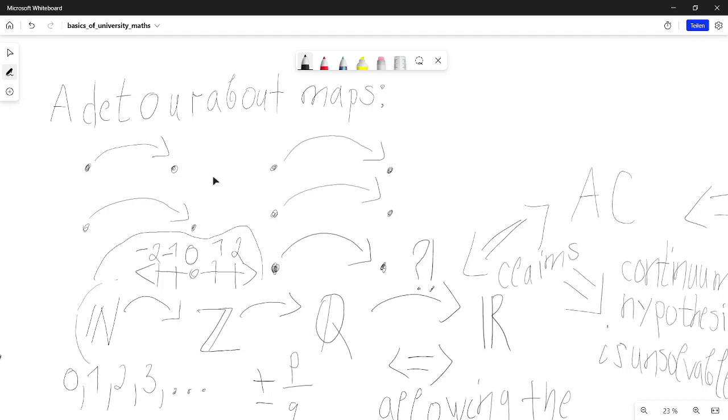Of course, if you are a little bit knowledgeable, you could say, "Oh, but maps can be very natural. There can be maps that kind of suggest themselves, differentiable maps, continuous maps, things like that."